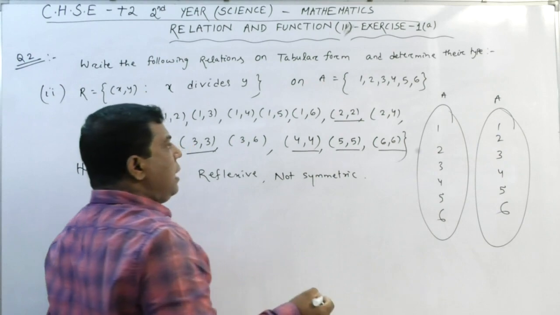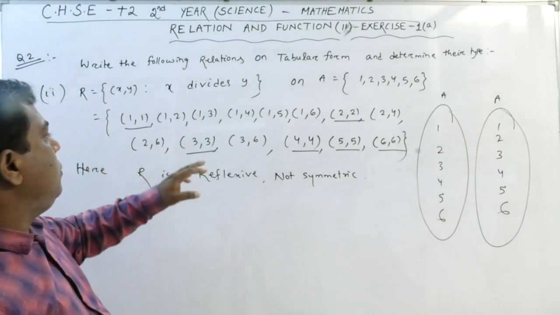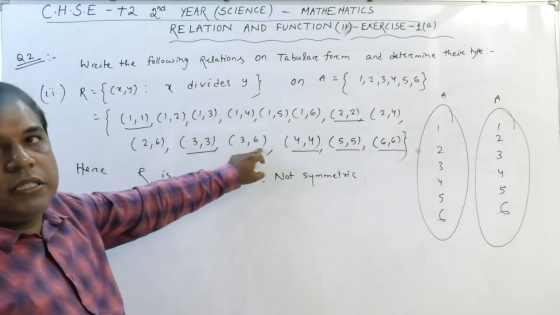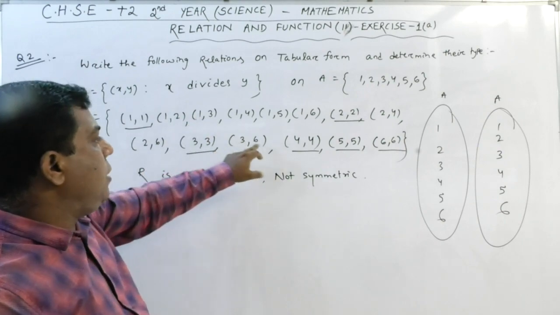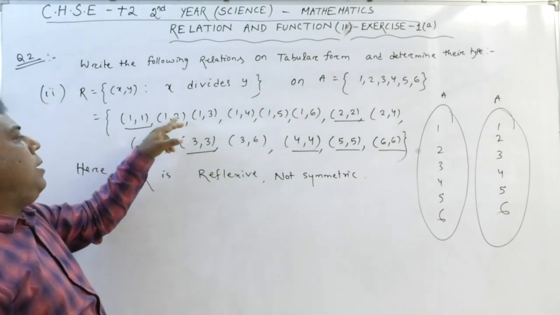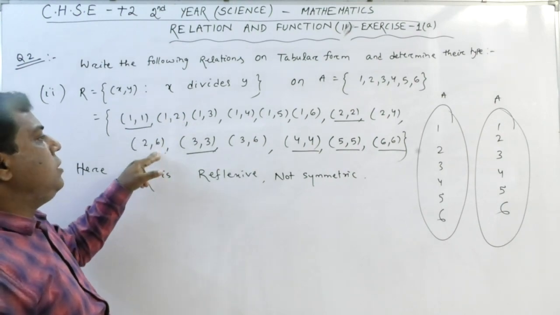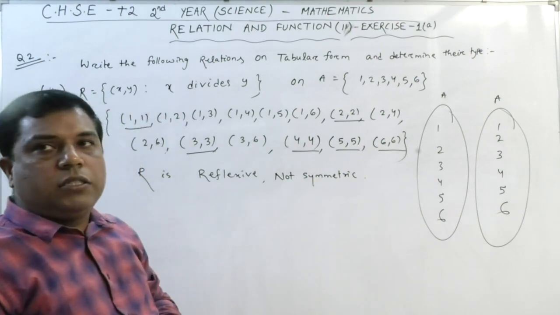Now transitive or not, that we have to identify. Okay. So you see, suppose we are taking (1,3) and (3,6). 1 divides 3, 3 divides 6. So are we getting 1 divides 6? Yes, we are getting 1 divides 6. So similarly you can take (1,2) and (2,6). You should get (1,6). So you are getting (1,6). So it is transitive in nature, yes or no?